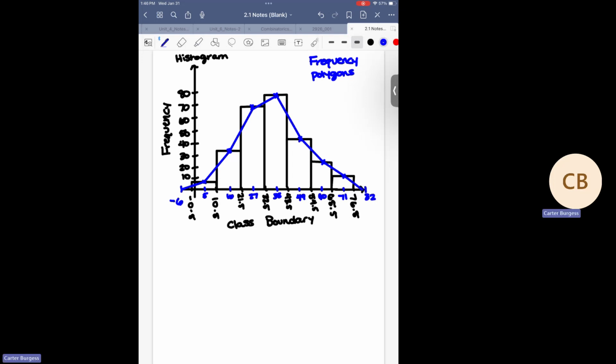So it's almost like it's tethered to the ground. It's tethered to the x-axis. We start one bucket before we start seeing data. We end one bucket after we stop seeing data. So we're starting at 0, ending at 0 for our y values.